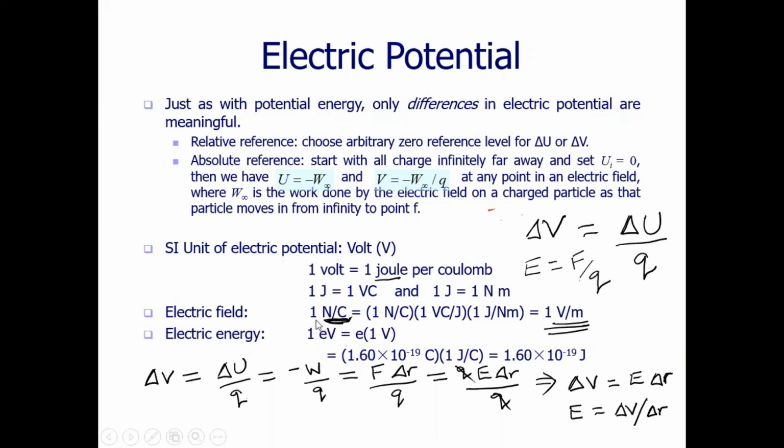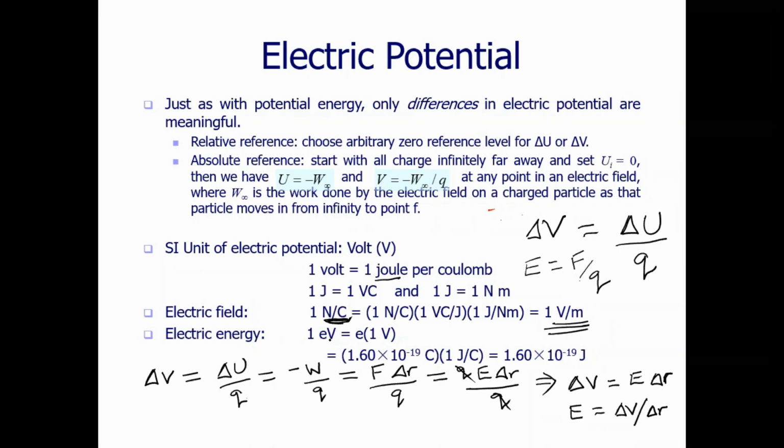Okay. So the other point that we need to take into account is that the electric energy, since the joule is a very big unit, we usually measure energy in electrostatics in terms of electron volts.